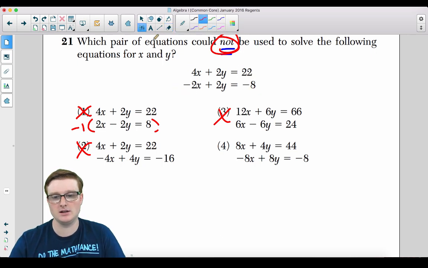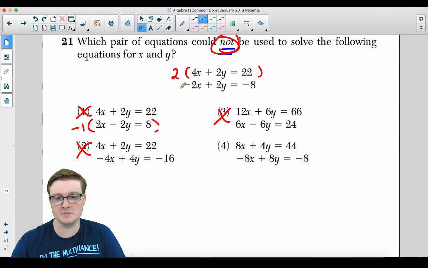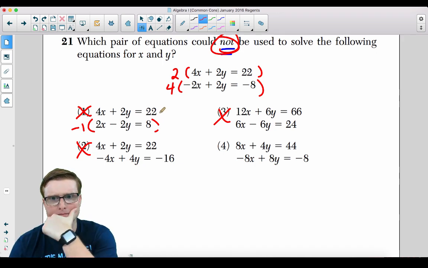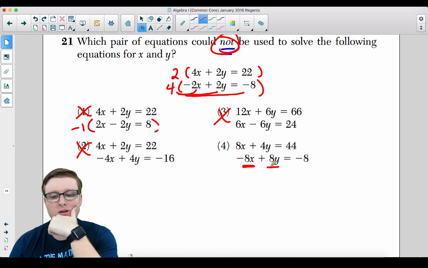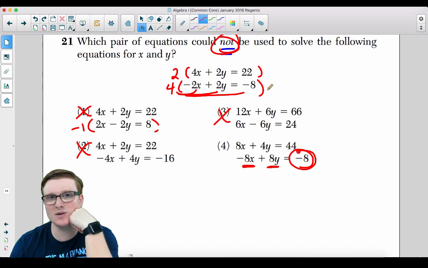Choice 4, okay, so they decided to multiply the top by 2, and they decided to multiply the bottom by, it looks like 4. Uh-oh, but we have a problem. If you take the 4 and you multiply it in, that's negative 8x plus 8y. 4 times negative 8 does not give you negative 8.